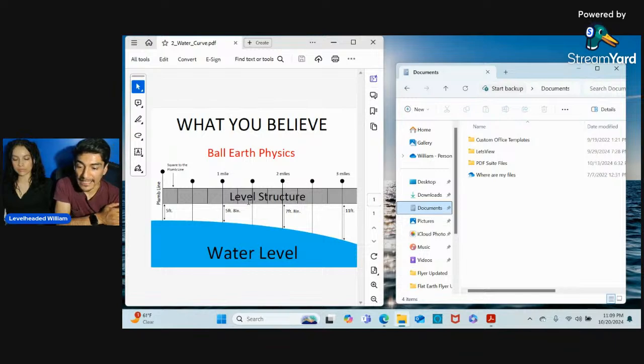And again, if we extend this structure to 10 miles, that gap between the water and the level structure will increase to 66 feet from 5 feet. So it'll increase 66 feet. So it'll be 66 feet plus basically 5 feet, which would be 71 feet.